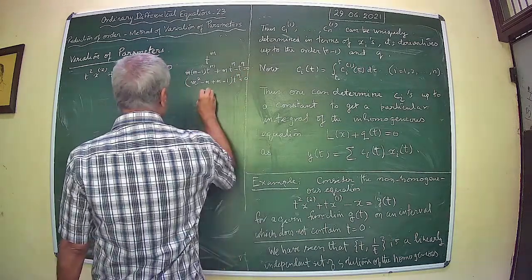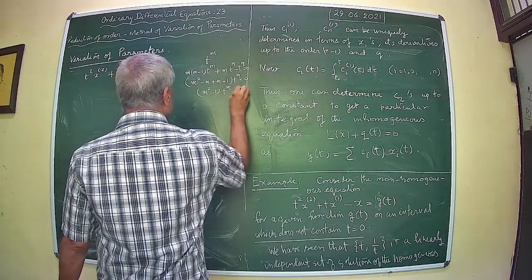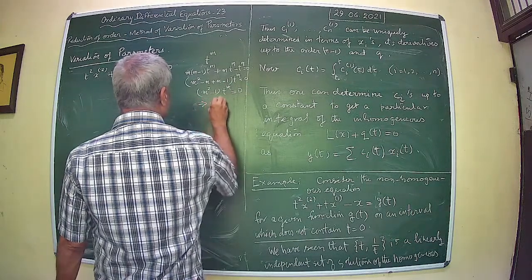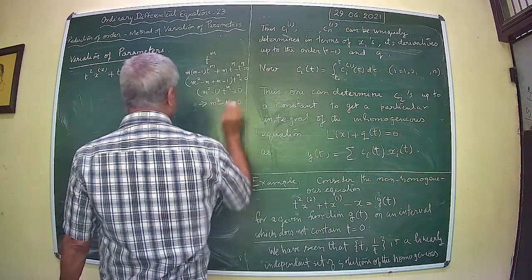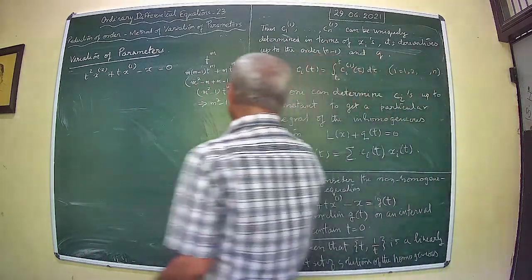This gives m equal to plus or minus 1, because we are assuming again t not equal to 0.